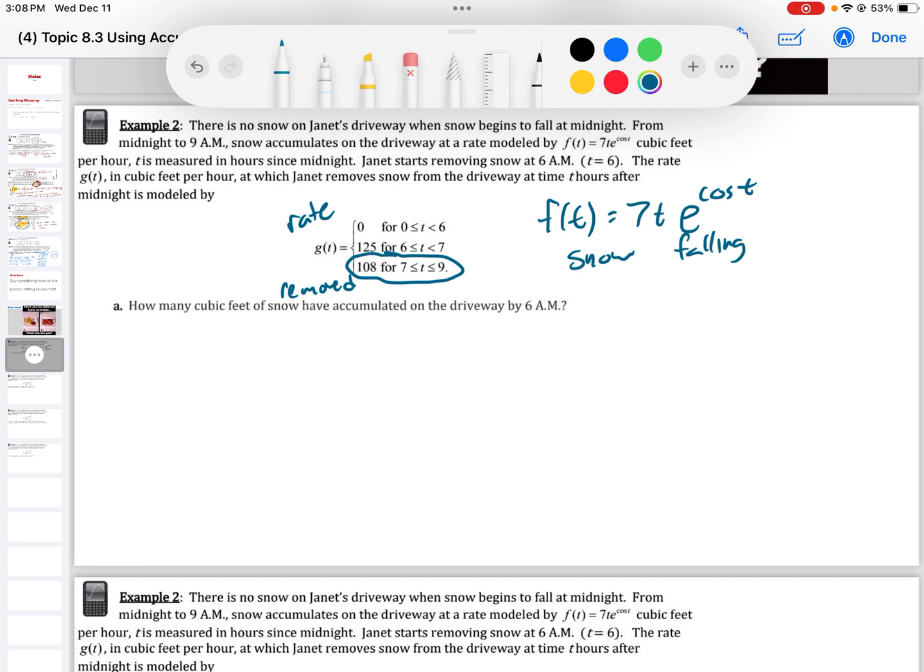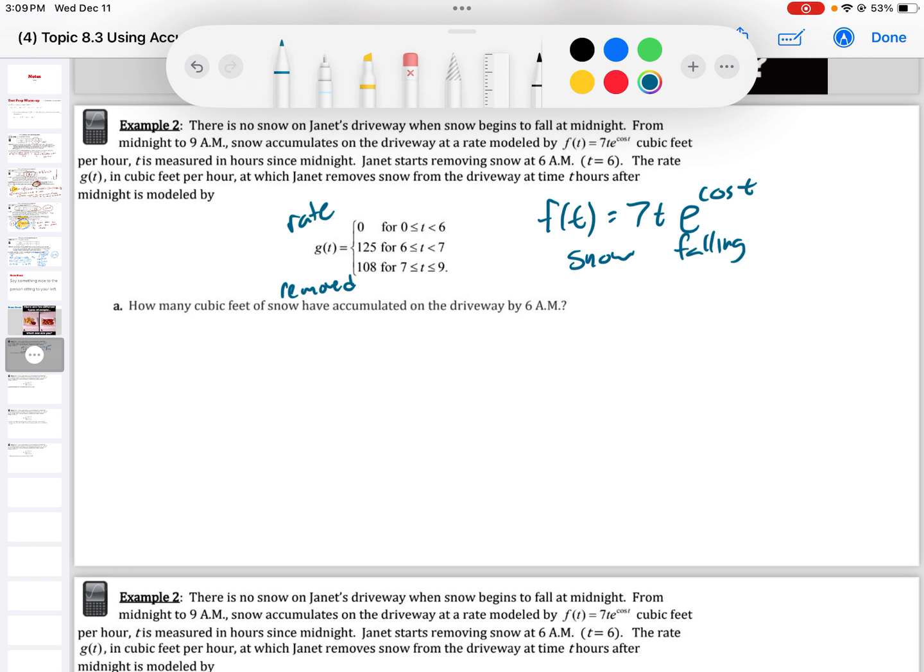For the next 2 hours, she only removed the snow at a rate of 108 cubic feet per hour. So that's important to see what's going on. From midnight to 6, snow's coming down, it's building up. She's not removing it. At 6, for 1 hour, she removes it pretty quickly at this rate. Then from 7 to 9, she's still removing it, but at a slower rate.